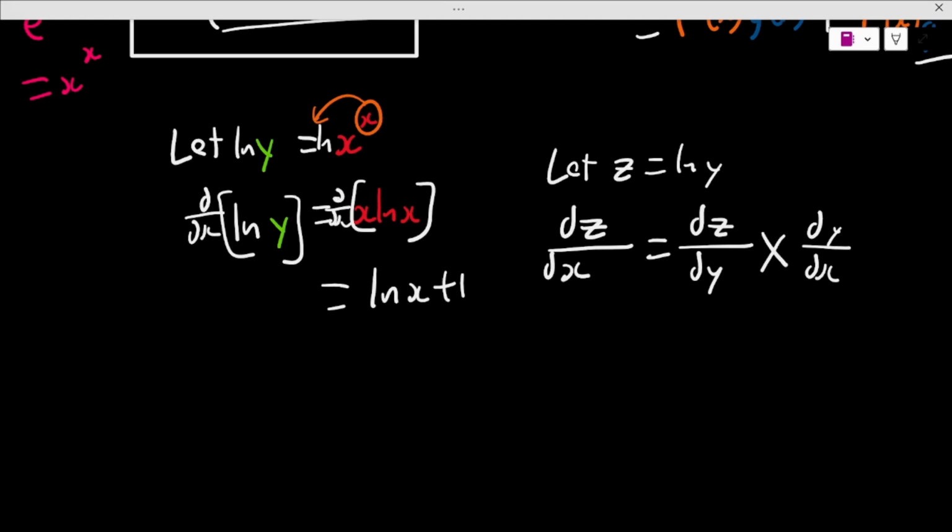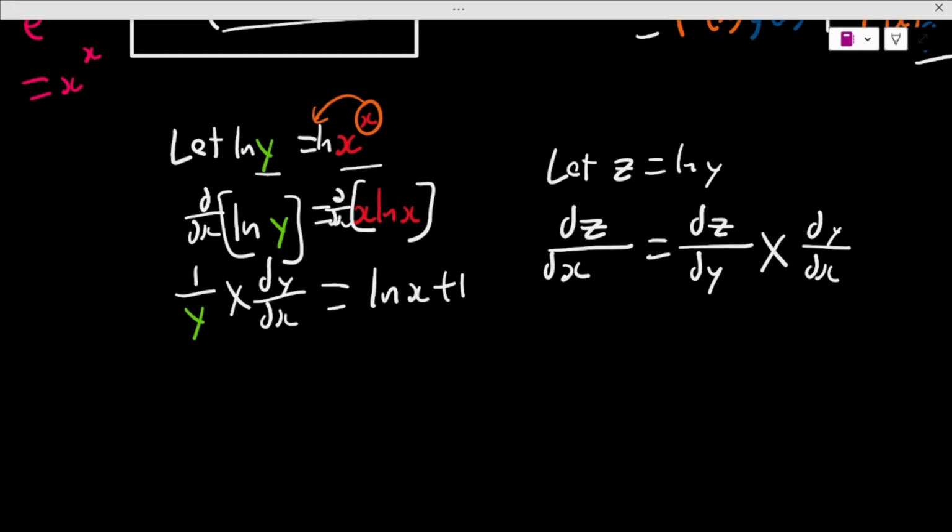So we can first differentiate ln y with respect to y, which is equal to 1 over y, then times the derivative of y with respect to x, which we don't know, so we will just leave it as dy/dx. One thing to note though, we wanted to find the derivative of x to the x, and we defined y to be equal to x to the x.